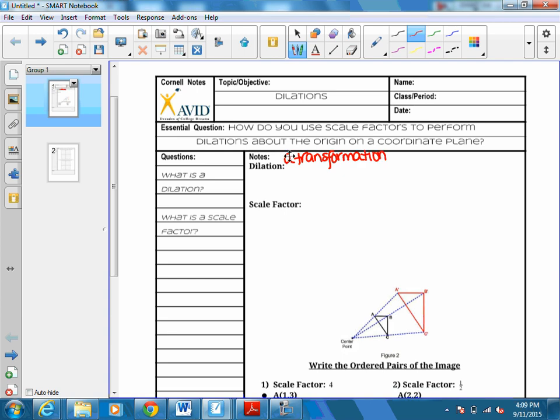A transformation in which a figure is enlarged or reduced with respect to the origin.